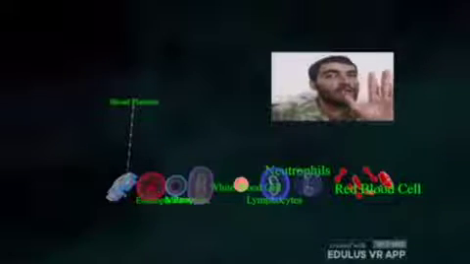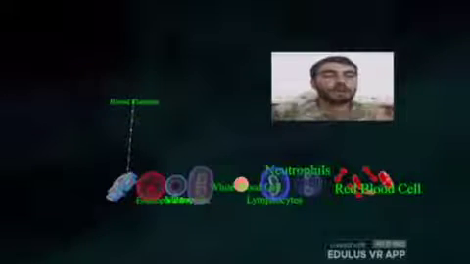This type of protein gives the red blood cell more flexibility, and it is not present in other cells, which is what makes it able to pass through the narrow capillary.